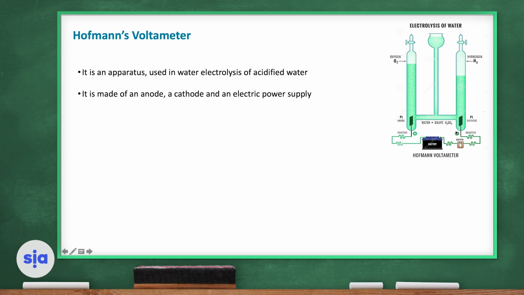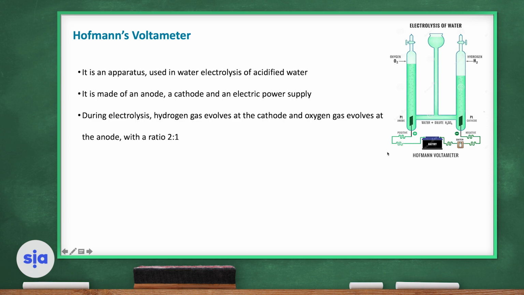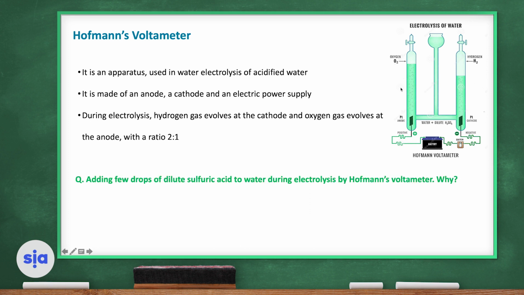Hofmann voltameter is made up of an anode and a cathode and an electric power supply. During electrolysis, we agreed that hydrogen will evolve from the cathode and the oxygen will evolve from the anode with a ratio 2:1, 2 hydrogen to 1 oxygen.